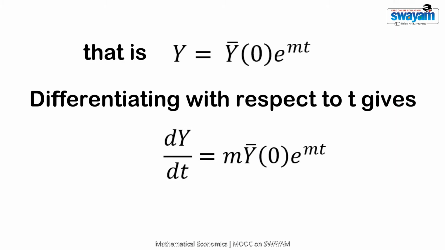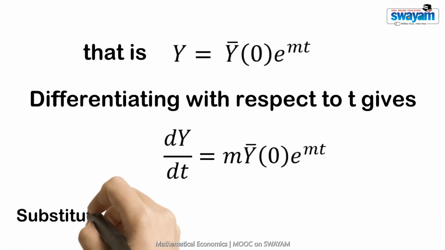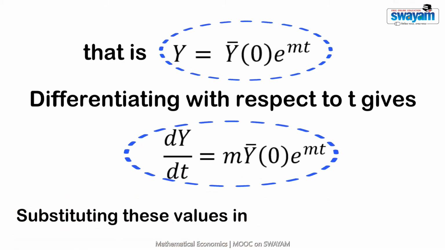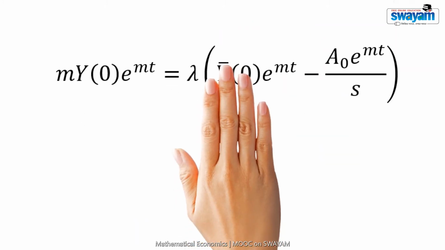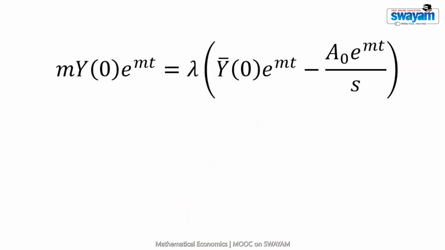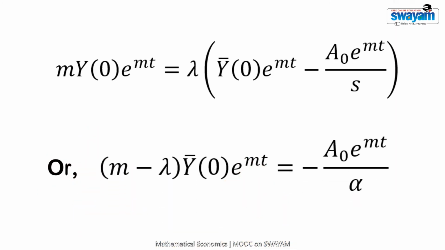Substituting this value and y equal to y bar 0 e to the power mt in this equation gives this result. Simplifying gives this result. Did you note the difference between the two equations? Think it over.